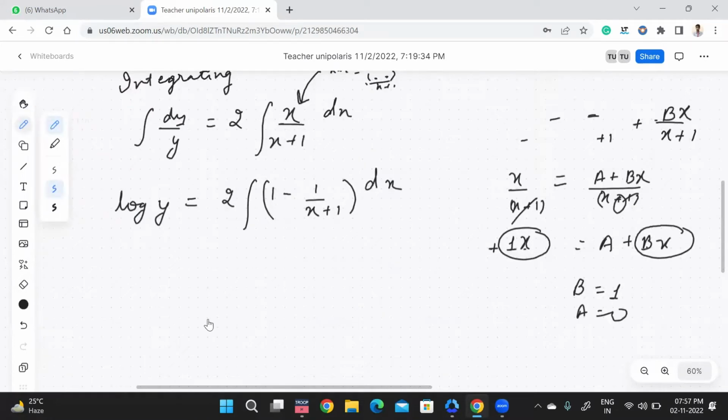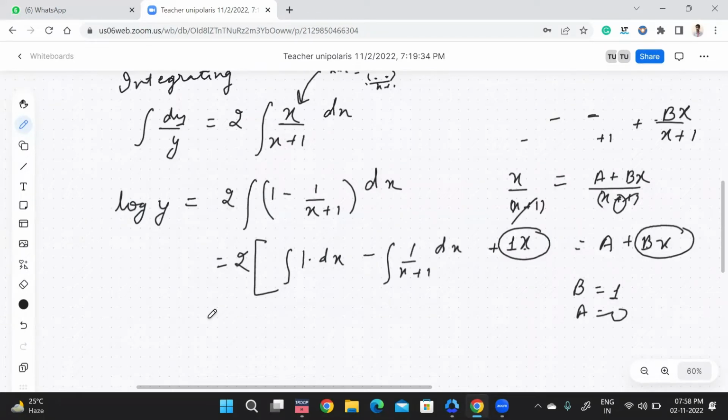Okay, so here you can see that if we solve this, you'll get back to the same function that we have over here. x over x plus 1 is equal to 1 minus 1 over x plus 1, right? So now we can easily integrate it. We'll get 2 times, let's take it outside, integration of 1 dx, and then minus integration of 1 over x plus 1 dx.